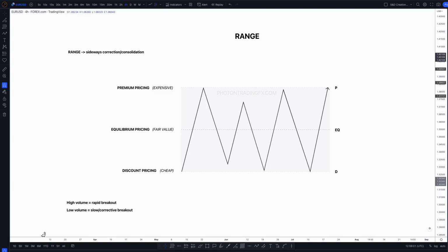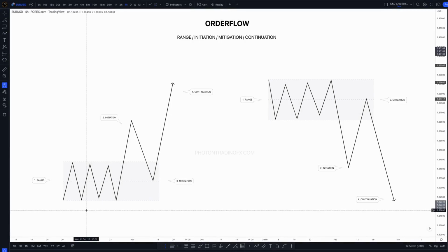And this is when you will then see that rapid and large expansive breakout of the range with high volume, either to the upside or the downside, depending on who is in control. So when we see that rapid movement away from the range, that basically suggests that typically high volume has entered into the market.